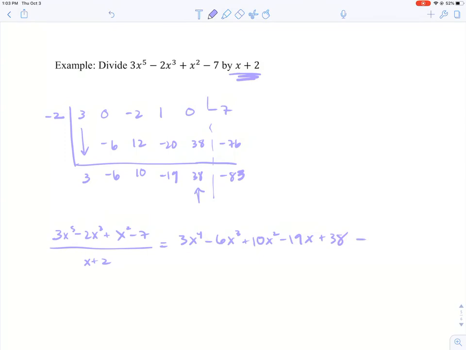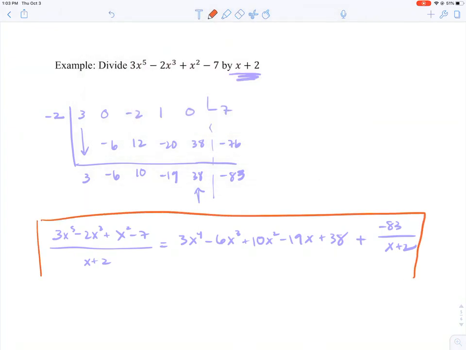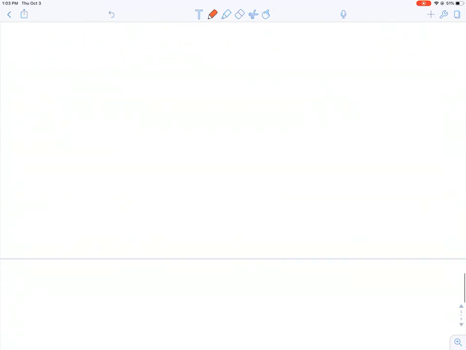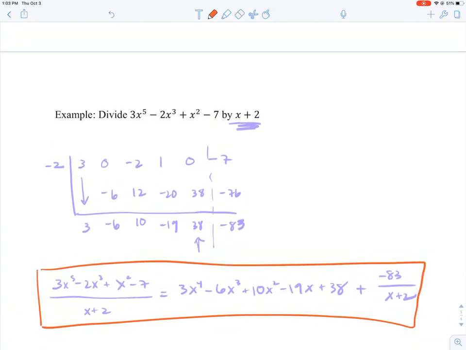And then our remainder is minus 83, so I'm going to put the 83 over the divisor. Remember, that's the same thing as plus negative 83 over x plus 2. Either one works. Okay, so that's polynomial long division, and then also synthetic division as a little bit of a shortcut for polynomial long division.